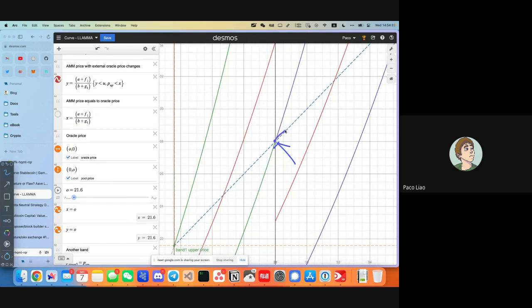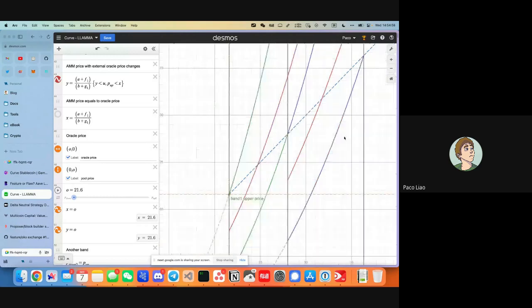And if the external price continues going up, that means the range of the first band is out of range, right? Because the P up is lower than external price. It would be out of range, because people only trade around external price.